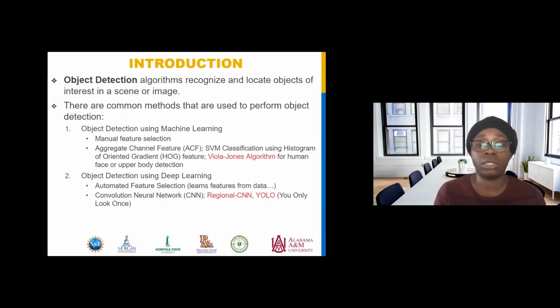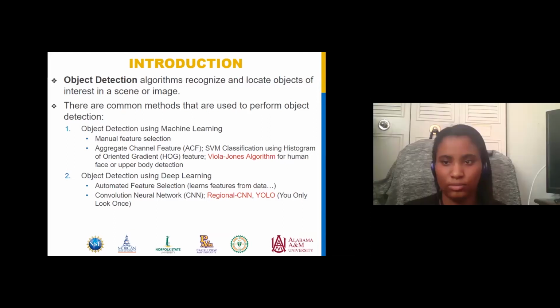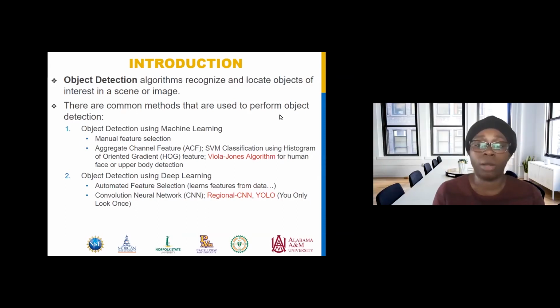To name a few are aggregate channel feature (ACF), SVM, and the Viola-Jones algorithm for human face and upper body detection. Object detection using deep learning: this one is not as explicitly coded like machine learning because the algorithms will learn from the data, which is why it's automated. To name a few again, convolutional neural networks, regional convolutional neural networks, and You Only Look Once, YOLO.